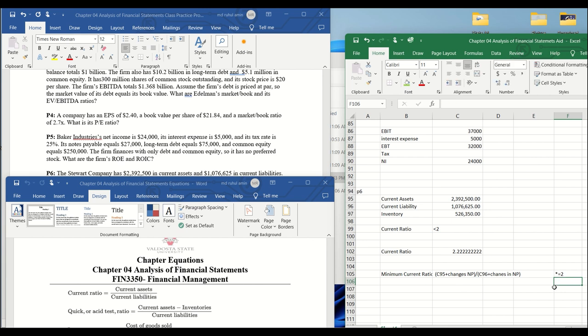Just the minimum criteria. Then how much can we have as the change in NP?